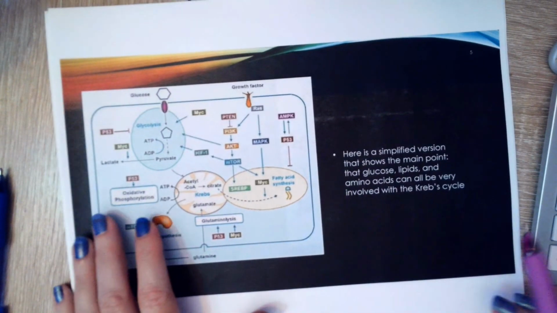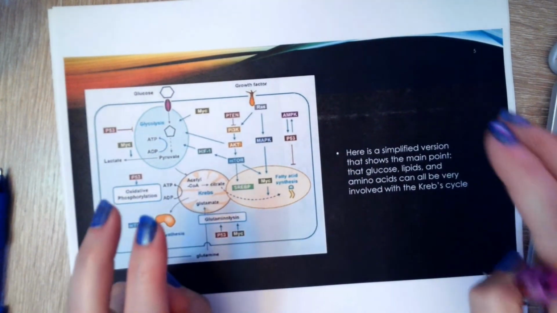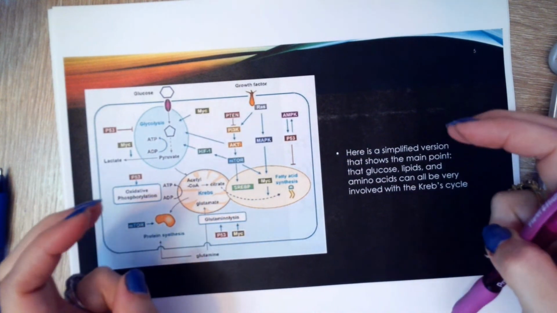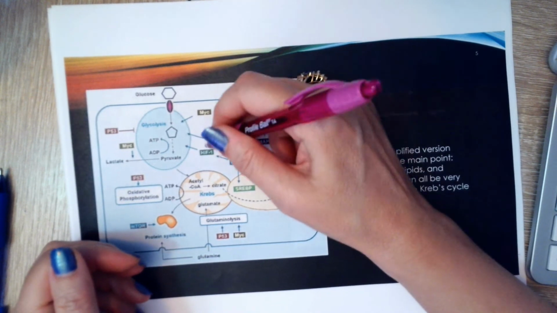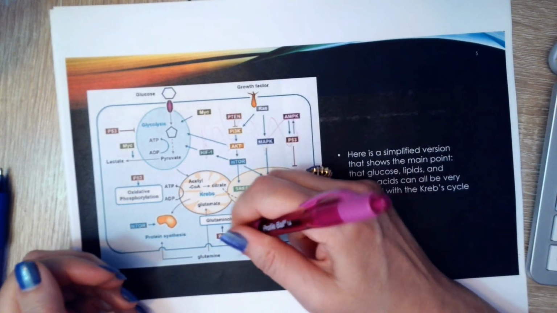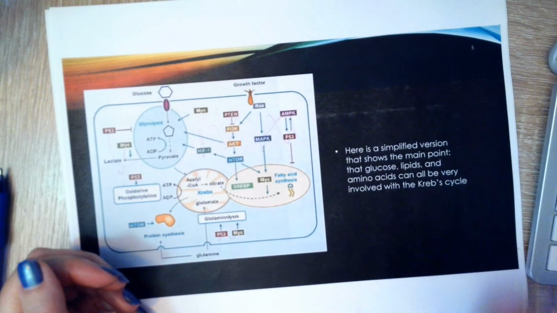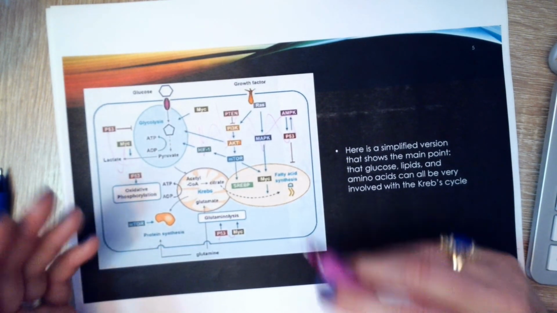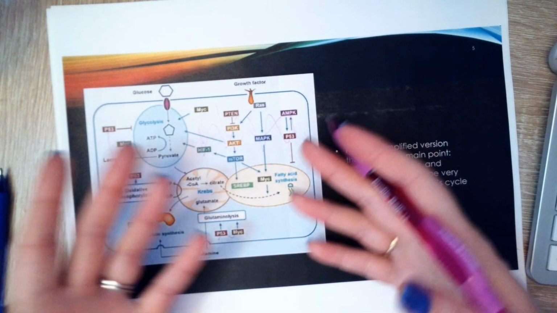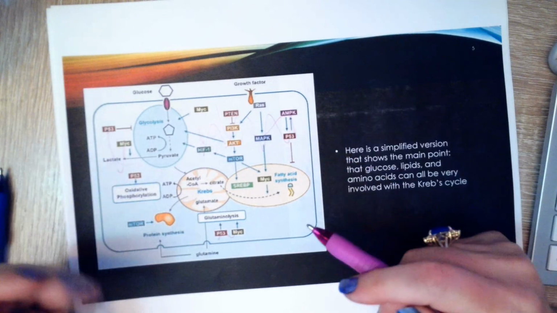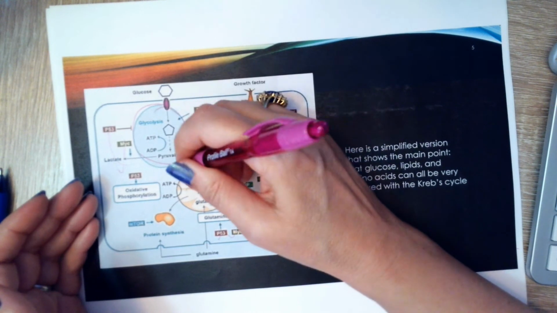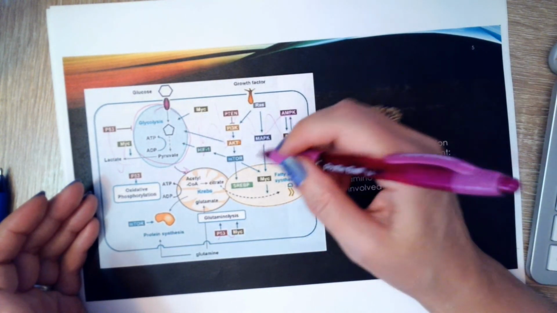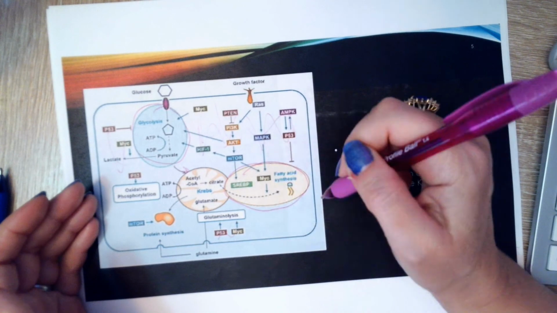Okay, so this is a simplified version, in little bunny ears quotes. If you just ignore all the little enzymes they've got going on here, this is just showing you in a different color scheme what I was just talking about, where we have glycolysis going into the Krebs cycle. Over here we have fatty acid synthesis.